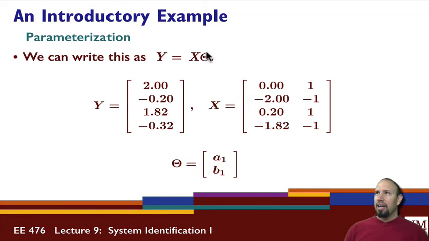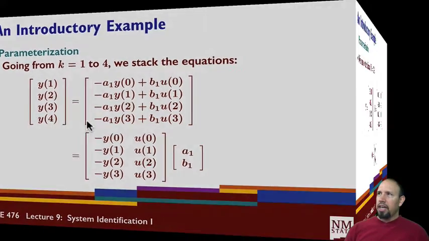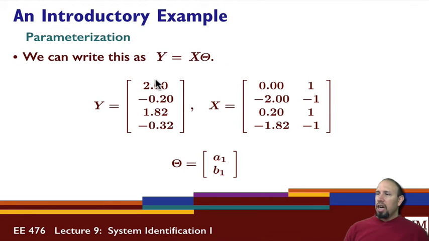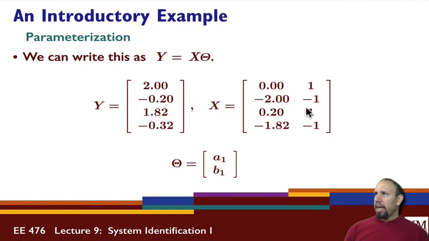It's all Greek to me. Anyway, Y is associated with the values y1 to y4, and we plug those values right in to get this vector. X here is this matrix, and we plug the values of y and u in to get X. Here are the y values, actually these are minus y values, and these are the u values.